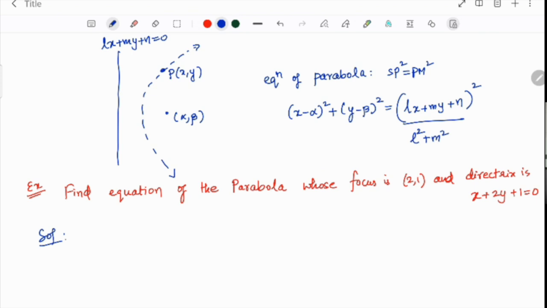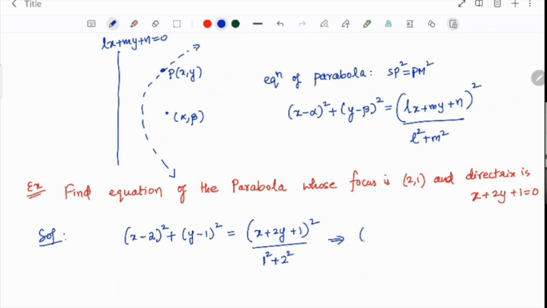Directly, let's not even draw the diagram. SP square is equal to PM square. x minus x coordinate of focus square plus y minus y coordinate of focus square is equal to, on the right side, the directrix expression whole square divided by directrix x coefficient square plus directrix y coefficient square.